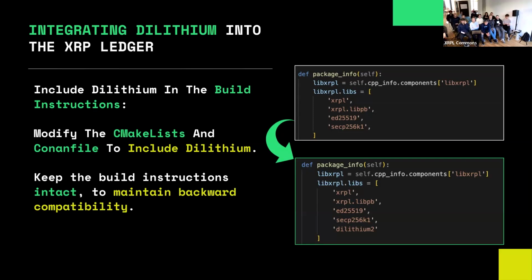Now, the main goal here was to keep the build instructions intact so we could maintain backward compatibility. And a user would just build the ledger as it's been built currently, but Dilithium would also be getting built along with the traditional algorithms.